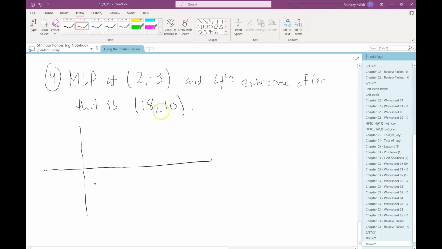And then the fourth extreme point after that is 18, 10, which is up here. So if I did min, that's 1, max 2, min 3, max, that's 1, 2, 3, that's the fourth one after, so that looks like it's good.